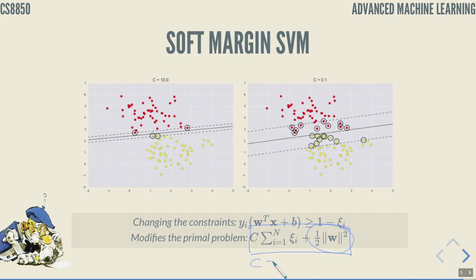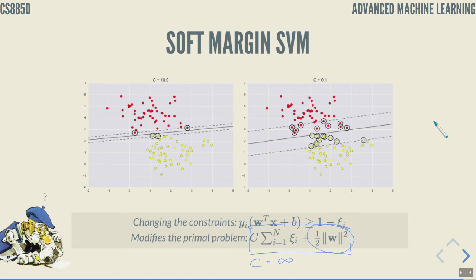So if we put C to infinity, then we'll get exactly the hard margin SVM, the one we originally defined. Like this example shows us, the higher the C, the closer the solution is to the max margin, and the smaller the C, the hyperparameter, the more we allow, the wider is the overlap of the margin with the data.